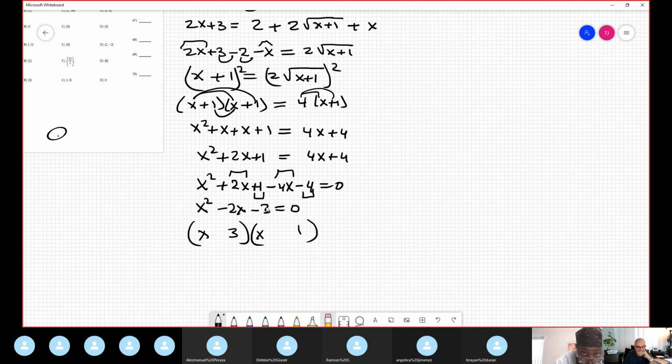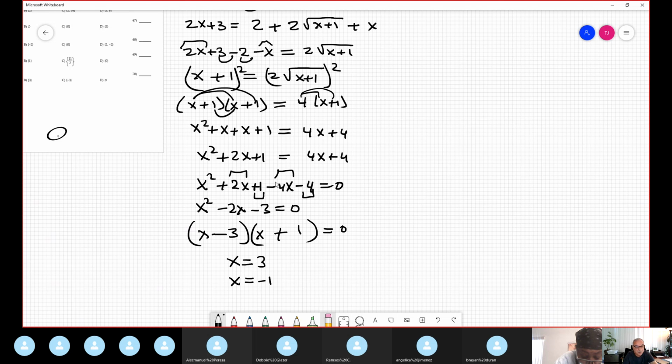Different sign, of course. 3 is negative, 1 is positive. That is equal to 0. Therefore, one solution is 3, another solution is negative 1. So do you see the shortcut? In the factorization, you see negative, it's because the solution is positive, because 3 minus 3 is 0, or negative 1 plus 1 is 0.